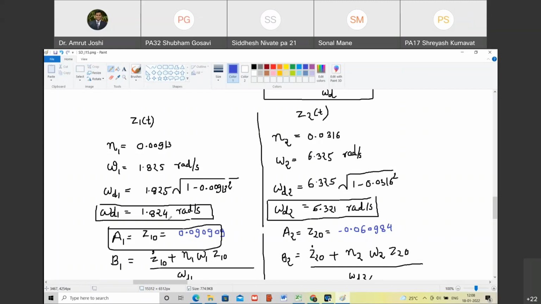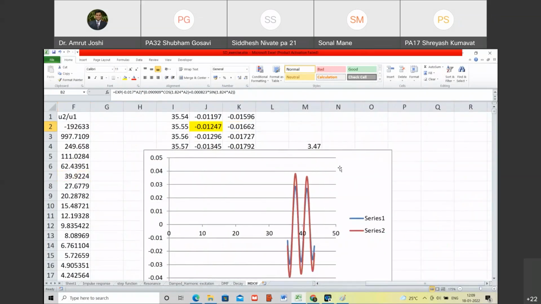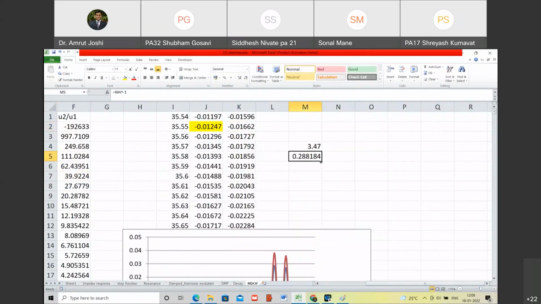That is okay, but that has 1.824. Okay, this is the frequency in hertz.